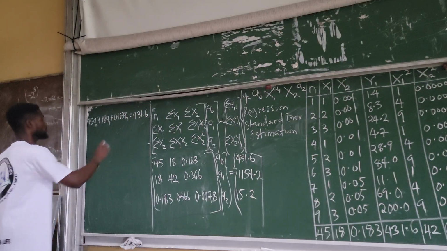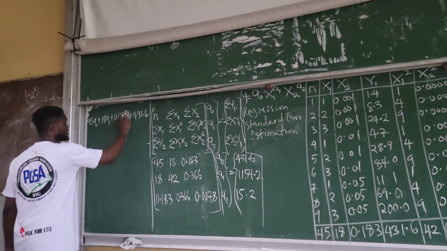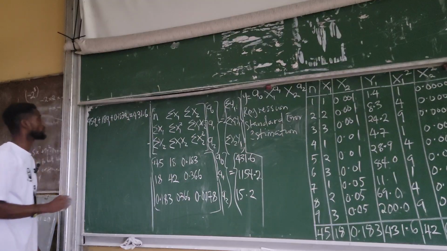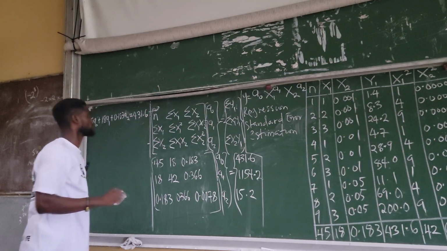This is a2, so it will not look like 9. It's your a2. So that is equation 1. Call this equation 1.